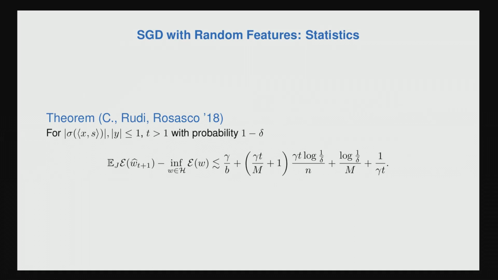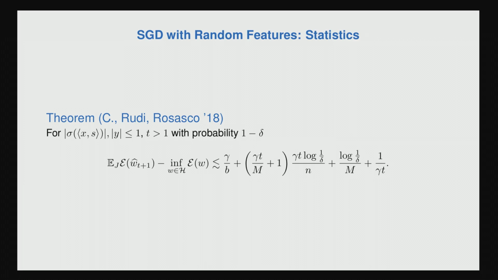And what we observe is that we can control the test error of my iterates against the best possible test error, as I showed you before in the first slide, with a quantity that depends on all the parameters that I'm using.